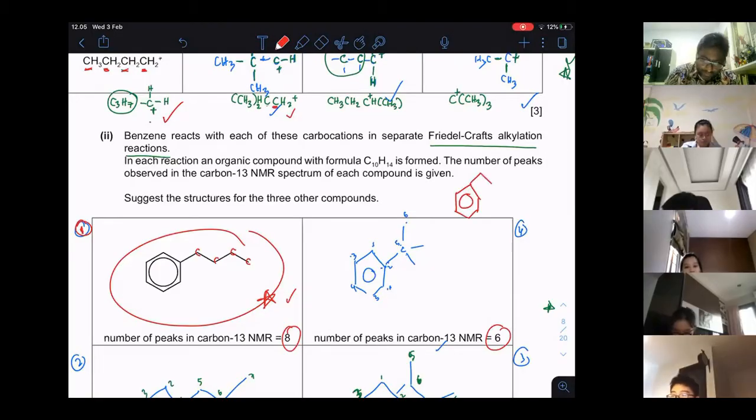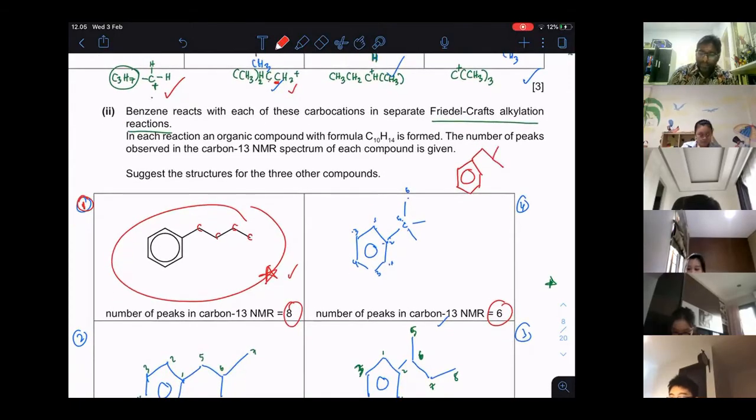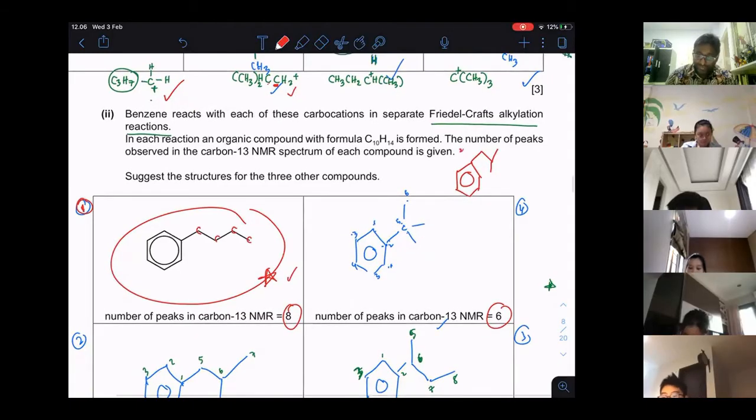And then this carbon is bonded to two other carbons. So how do I show that it is bonded to two other carbons? Maybe I show like this. So I can show like that, or if you want, you can also show in this way. This is another way. So this is going to be when it's bonded with carbocation number 2.